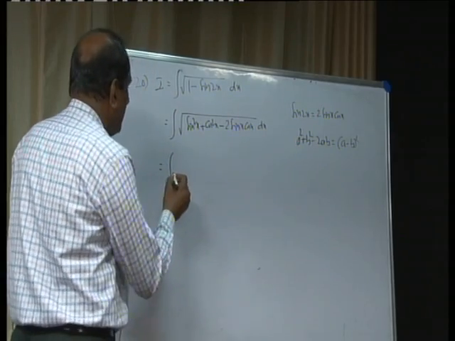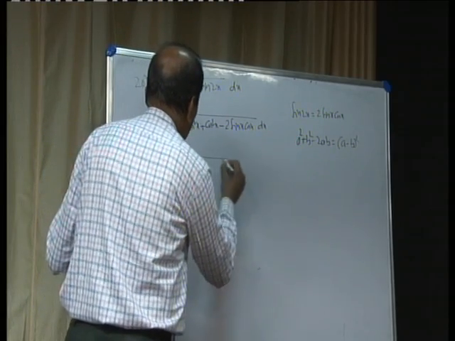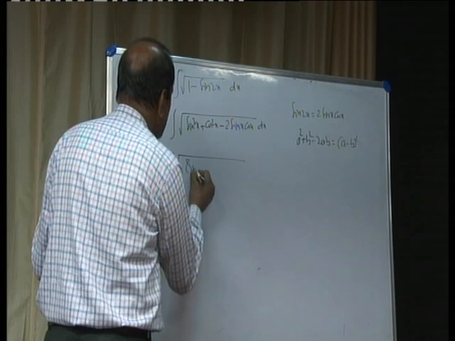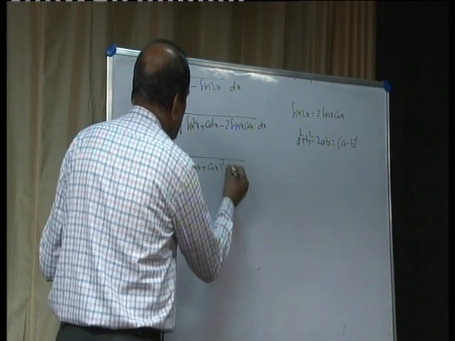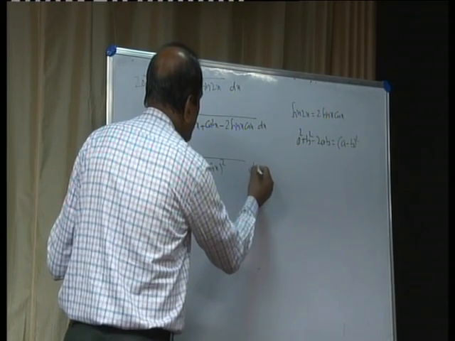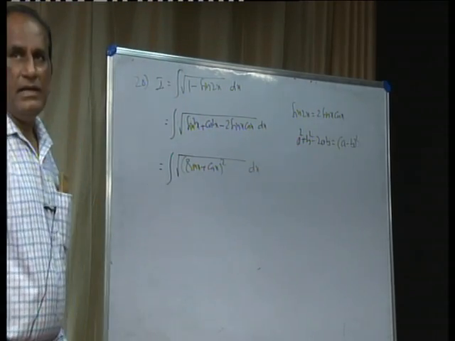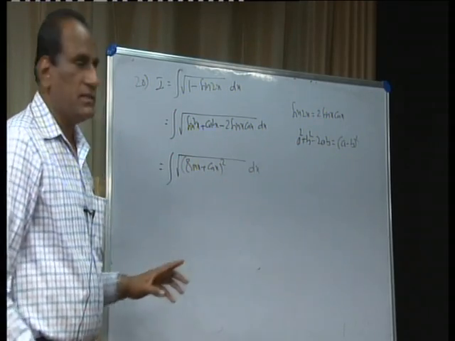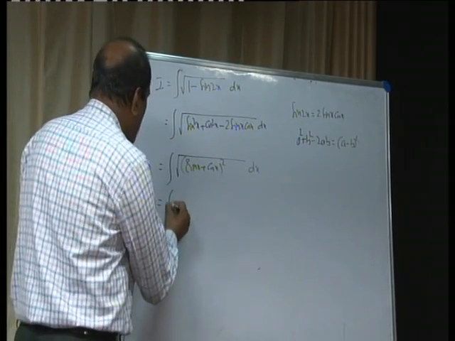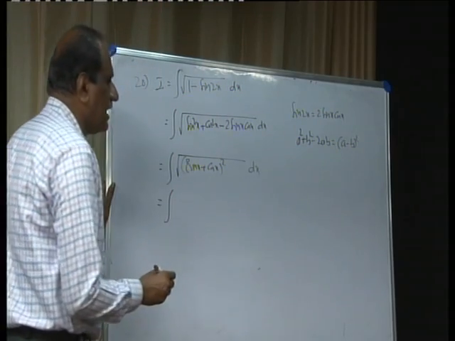Now, this can be written as root of (sin x plus cos x) whole square, after the root sign write dx. So, what is the value of sin x plus cos x whole square?